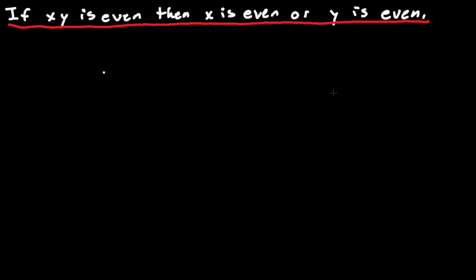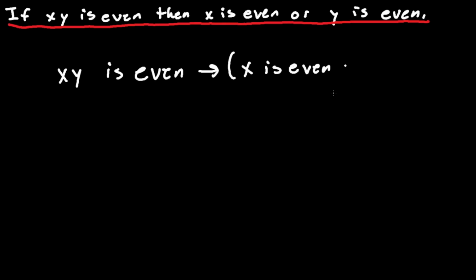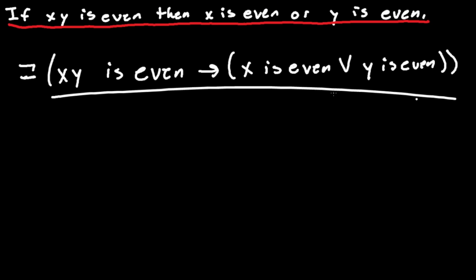So remember, the first thing you do with the proof by contradiction is write down your assumption. So let's go ahead and write down this assumption. Right? If xy is even, this is the original statement, not the assumption yet, then x is even or, so this is the or operator, y is even. Okay? And remember, the assumption for a proof by contradiction is the negation of the entire statement.